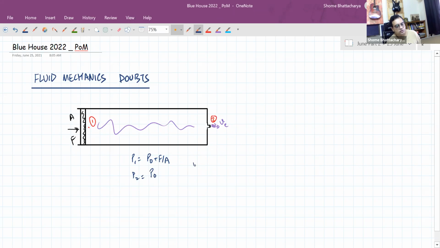Like this, okay. But V1 is very small compared to V2 because V2 is equal to the efflux velocity and the area of the orifice is very small, is negligible.